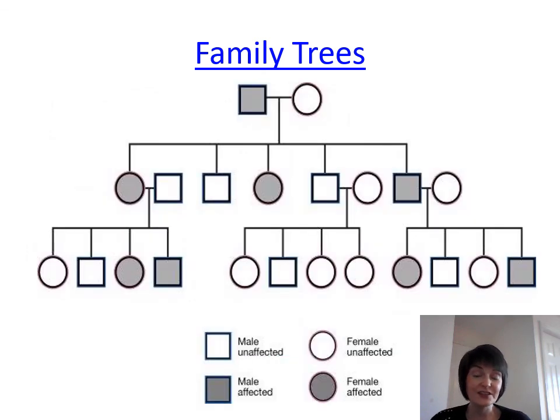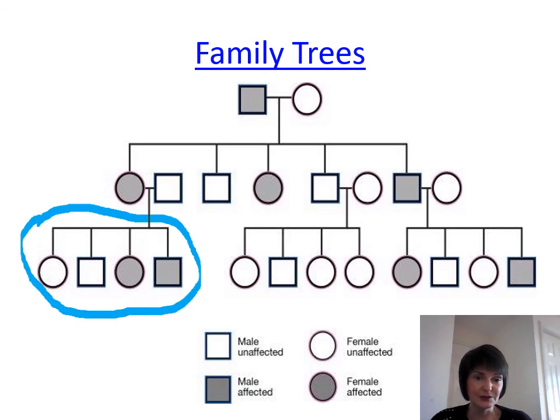Again, this is just another example of family trees, and this could be any characteristic, whether you're affected or unaffected. It's just trying to identify how family trees work. I'm just going to pick a set of children at random here.